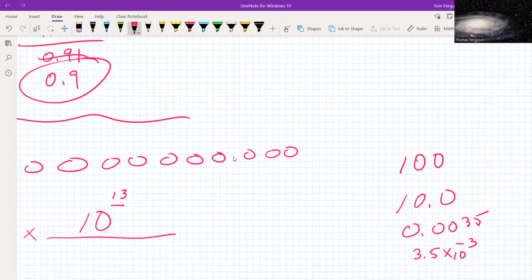If this has 2, that has to have 2. So zeros in the beginning never count. Zeros in the middle always count. Zeros at the end only count if there's a decimal somewhere in there. So if there was a 0 after the 5, would it be 3.50 times 10 to the minus 3? And how many sig figs would that have? 3, exactly.